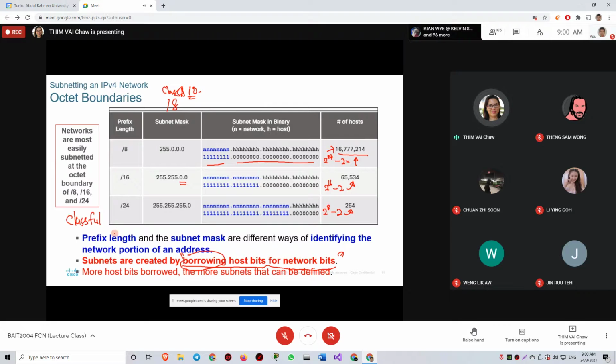Due to this reason, they came up with the idea of classful addresses. After classful addressing, they still faced the problem of not enough addresses, unable to fulfill the current network requirements, with so many devices needing access to the network.